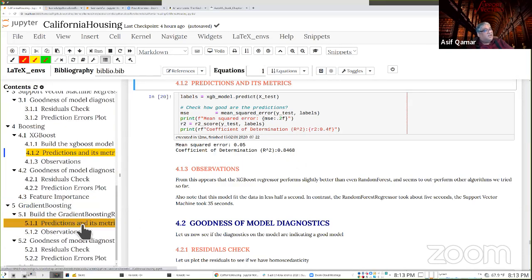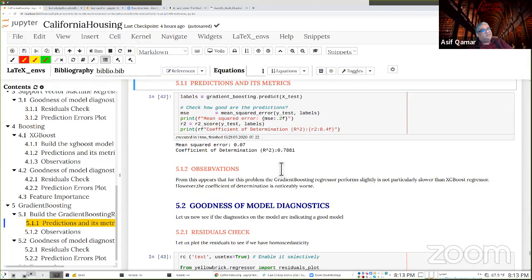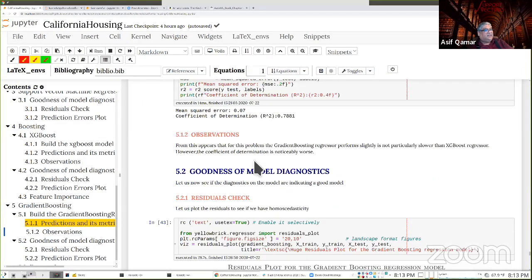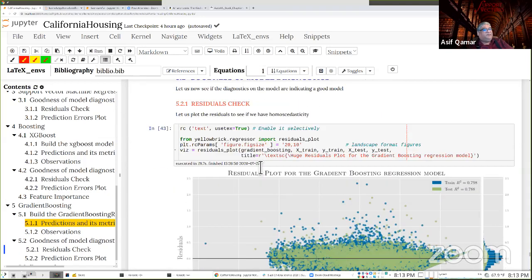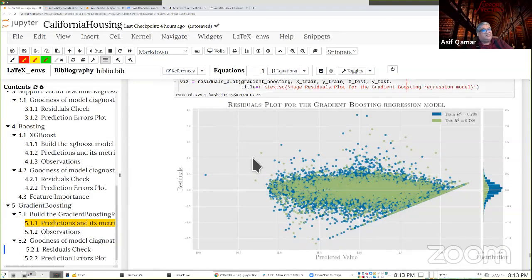Compared to that, 84.68 becomes 78.80. So gradient boosting, the traditional gradient boosting, is actually, at least without hyperparameter tuning, noticeably worse. And it takes a bit longer. Which is why most people use XGBoost, CatBoost, and so forth.